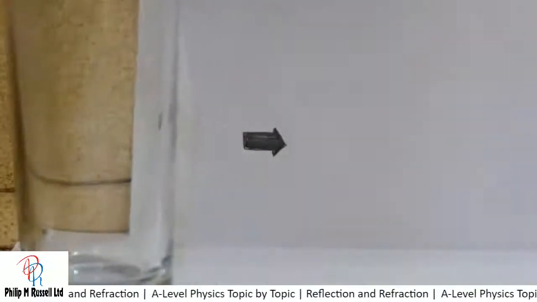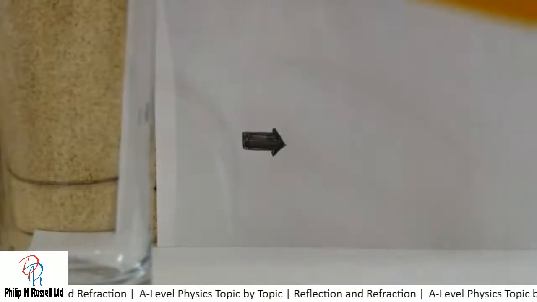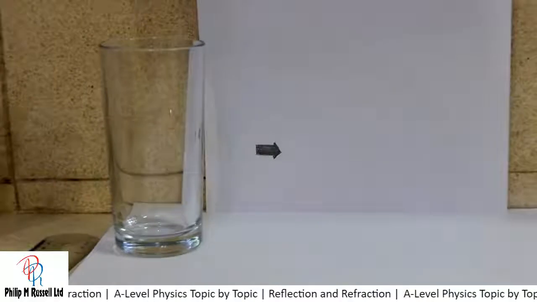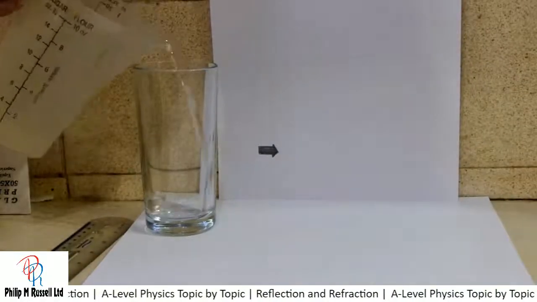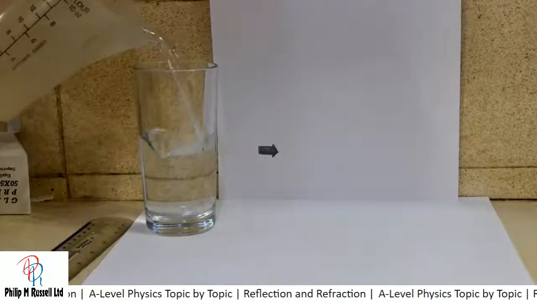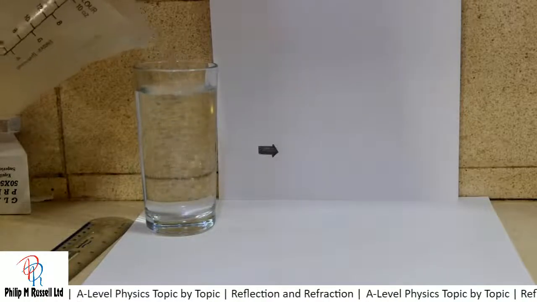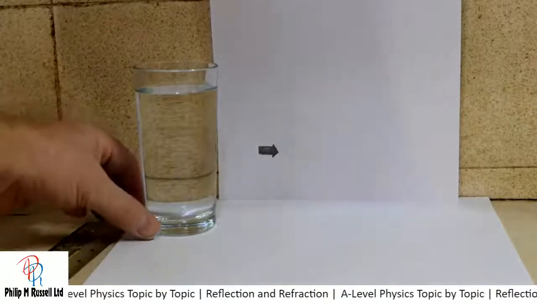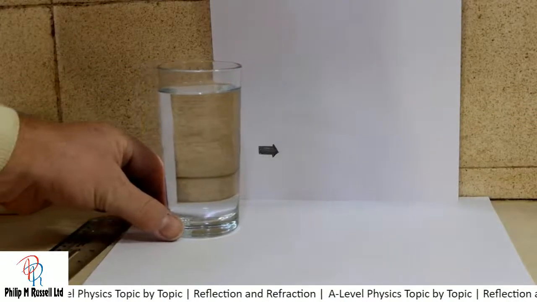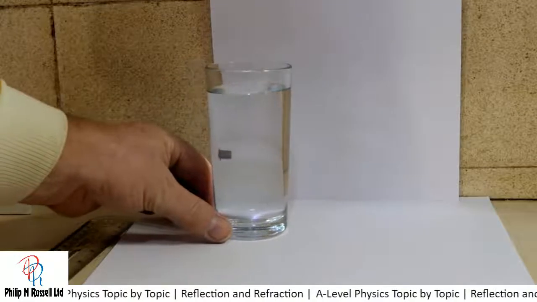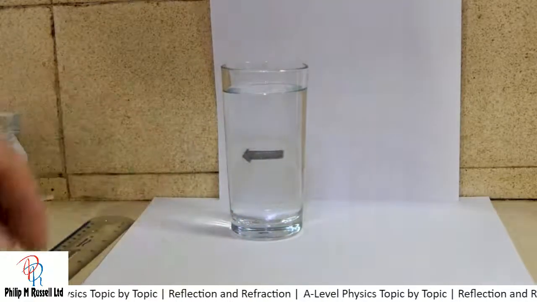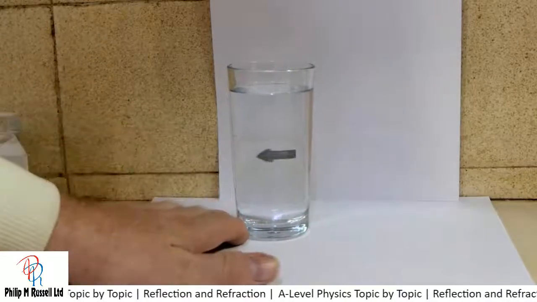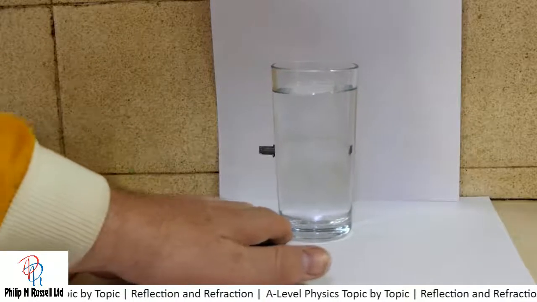but nothing happening. Let's now take some water, and Paul's just going to zoom out so you can see what I'm doing. So we've now got a glass of water, and let's now move the glass of water in front, and we're seeing that the arrow is in fact facing the opposite direction.